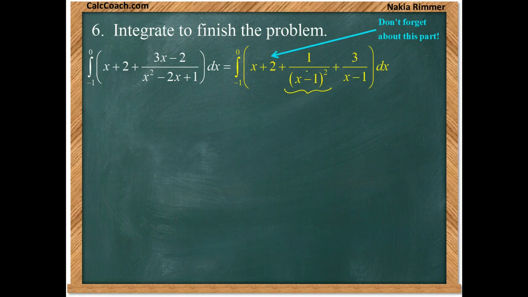In fact, to really do it, let's go ahead and look at a u substitution. If we let u be x minus 1, then du is just dx. And we're looking at 1 over u squared, du. That's not a log. You have to treat that as u to the negative 2. The antiderivative of that is u to the negative 1 over negative 1, which simplifies to negative 1 over u.